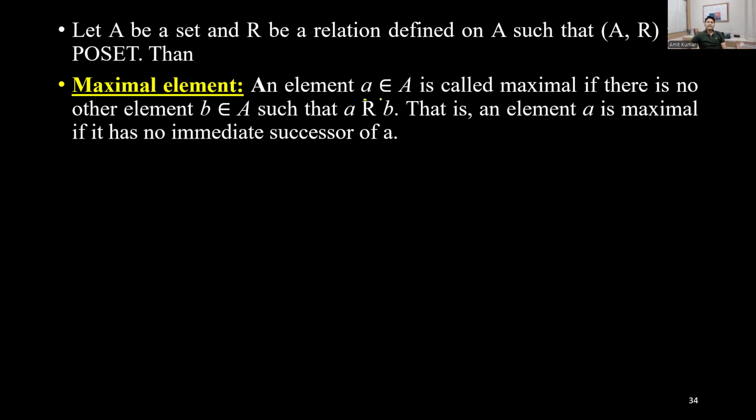A is called a maximal element if there does not exist any other B which is an upper bound of A. A related to B means (A, B) belongs to R. That means B is the upper bound of A.